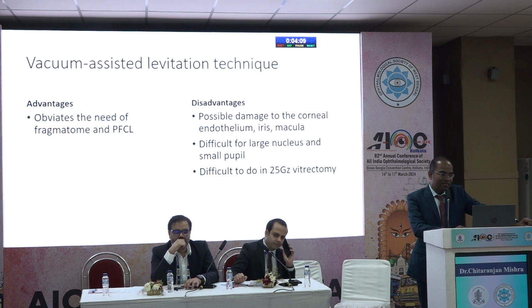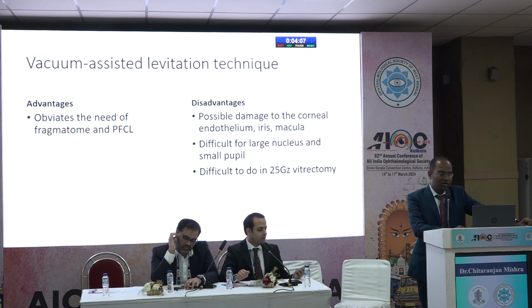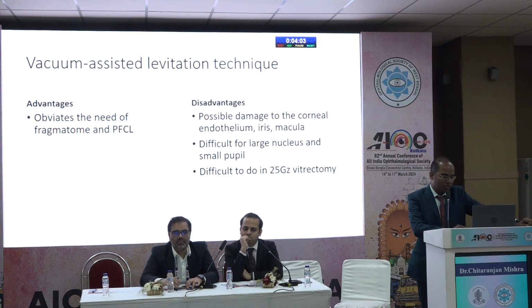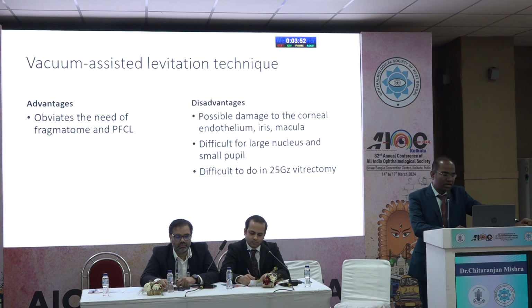And what are the disadvantages? Possible damage to the corneal endothelium, iris and macula. There is this possibility which we have to take care of. And it is difficult for large nucleus and small pupils. Small pupil cases I have tried, it's very difficult, and large nucleus also is difficult. 25 gauge vitrectomy we cannot do, because 23 gauge has a large bore, so it is a little easier there.